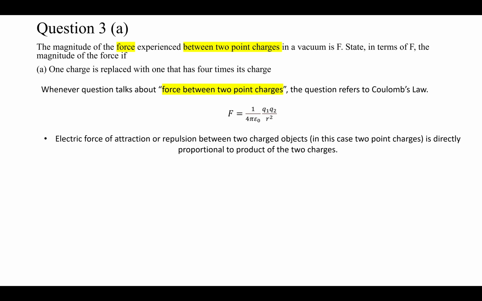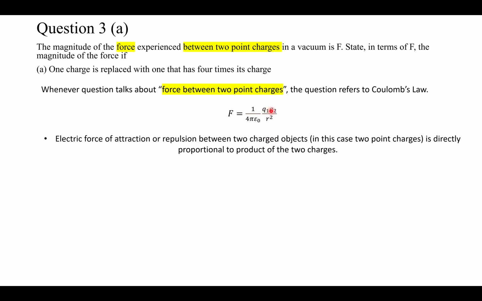And as you can see from the equation, electric force of attraction or repulsion between two charged objects, in this case 2-point charges, is directly proportional to the product of the two charges. Alright? So here we go with our two charges.